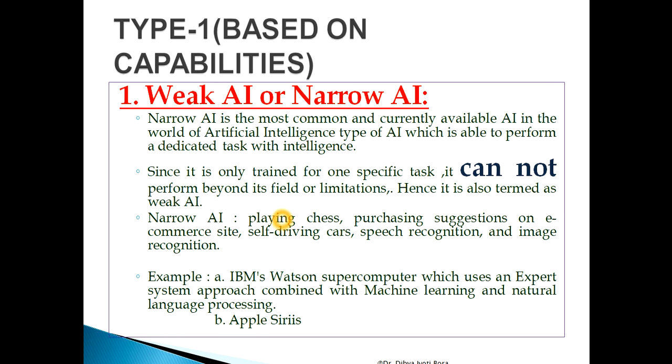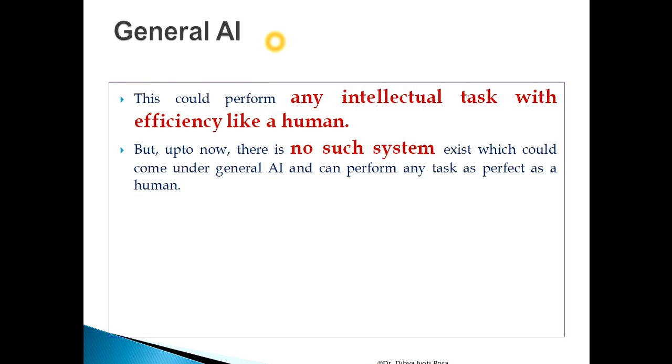As you know, IBM's Watson supercomputer uses an expert system approach combined with machine learning and natural language processing, NLP. Similarly, we have Apple's Siri. I hope you all know what they are. So these come under weak or narrow AI, and this is the most common AI. Then we have general AI, which could perform any intellectual task with efficiency like a human.